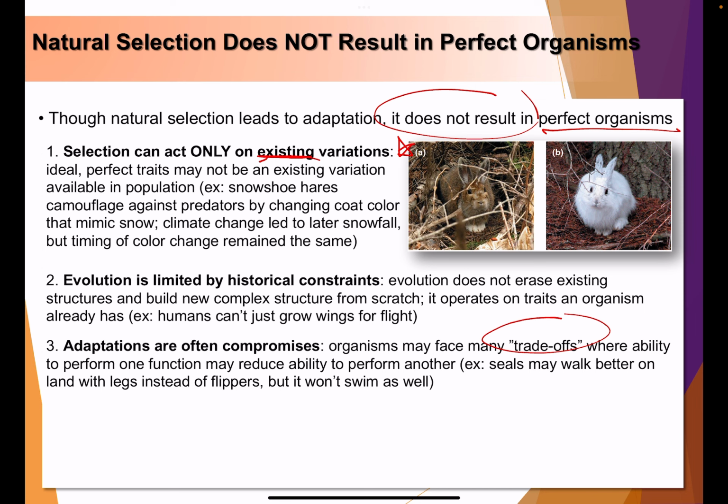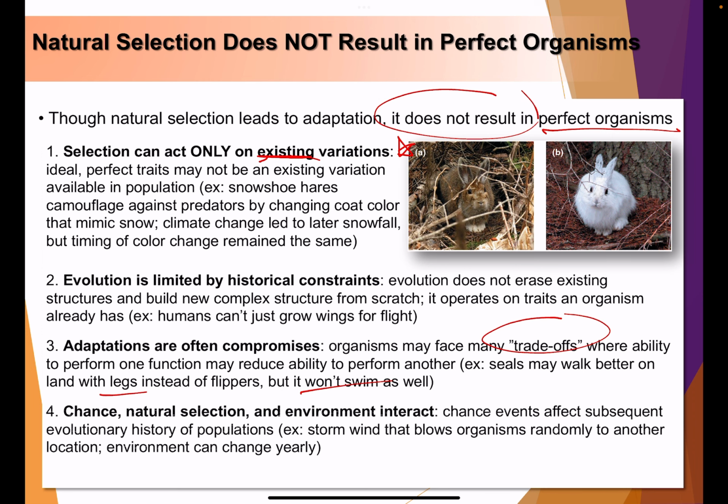For example, seals may walk faster or better if they have legs instead of flippers. But if they have legs, they won't swim as fast as they can. So that's a trade-off. They have flippers that make them harder to walk on land, but allow them to swim faster in the water.